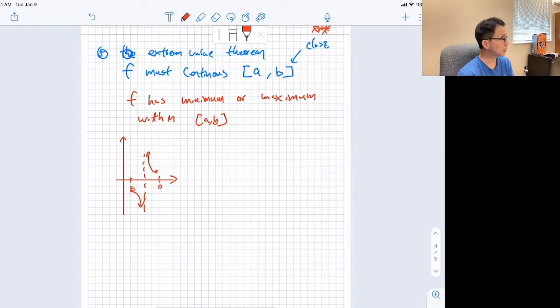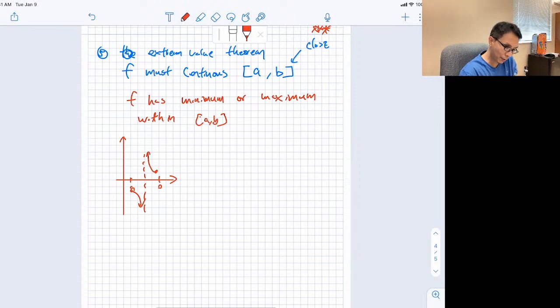So there is no maximum, there is no minimum, because you cannot say the maximum is infinite or negative infinite, because that's not a defined value. So it's not going to work. So f must be continuous on a to b. That means there's no vertical asymptote.